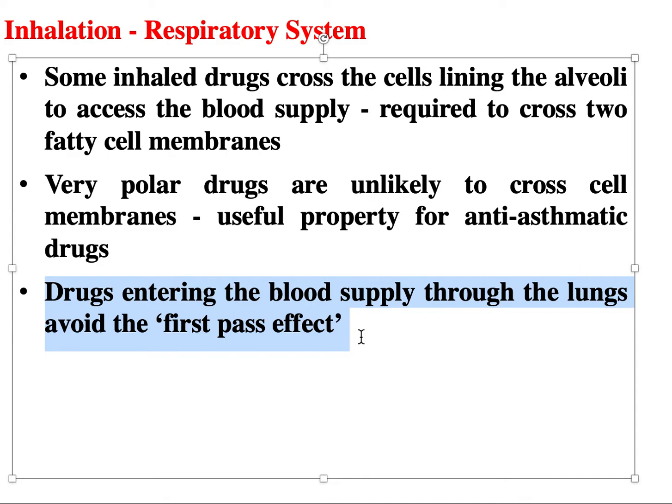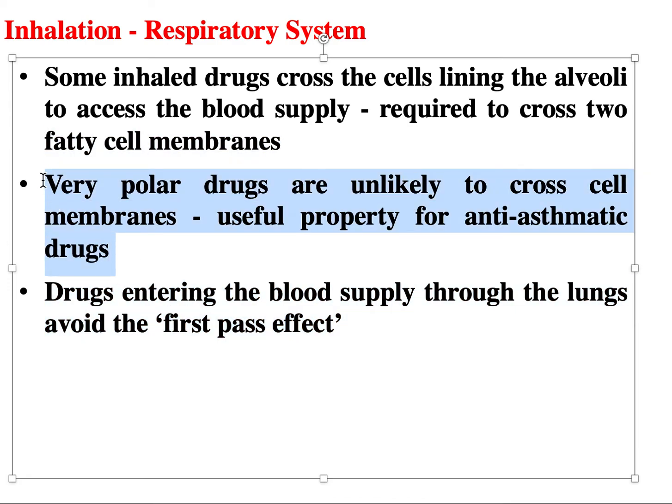That can be good because you get a little time to reach the target before it hits the liver, which is nice if the liver metabolizes the drug really quickly. So this is good for anti-asthmatic drugs. It's useful that very polar drugs are unlikely to cross cell membranes. A lot of anti-asthmatic drugs are actually very polar, so they stay in the lungs where they're supposed to be.